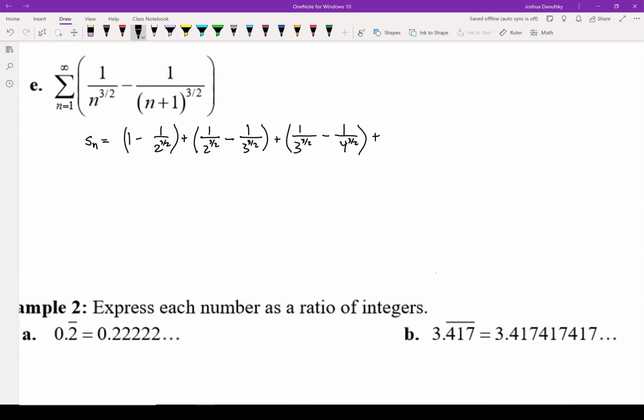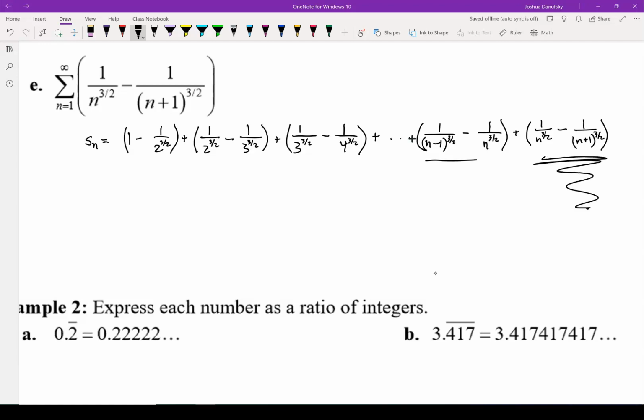Now this pattern continues all the way until we get to the nth term. This is the nth term. This is the preceding term, which is the a sub n minus 1 term.